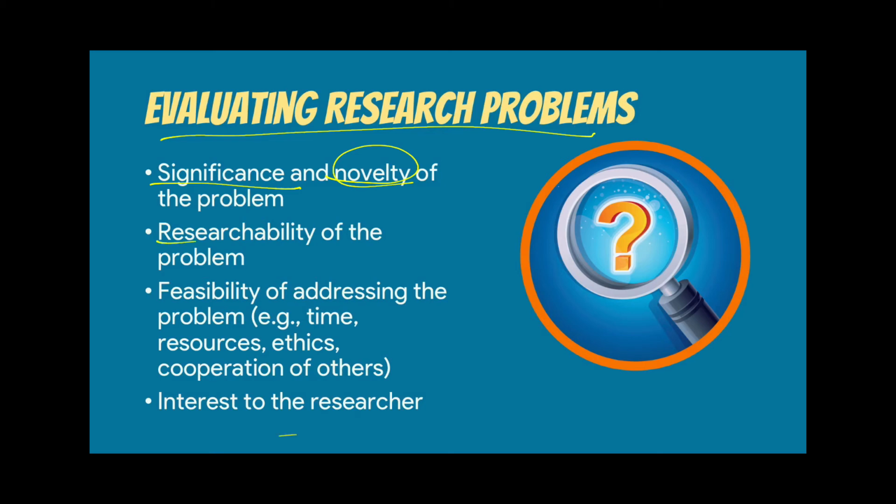Next is the researchability of the problem, because you want to make sure that the variables that you are measuring are really measurable, because there are certain variables that may be difficult for you to measure based on your abilities. Like, for example, you want to measure physical fitness, like actual physical fitness.